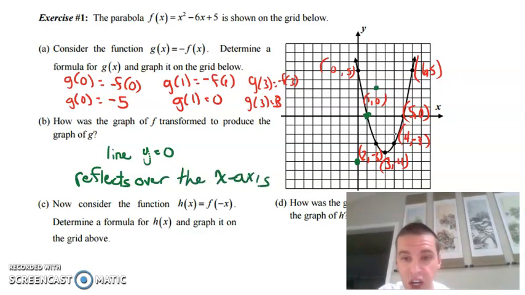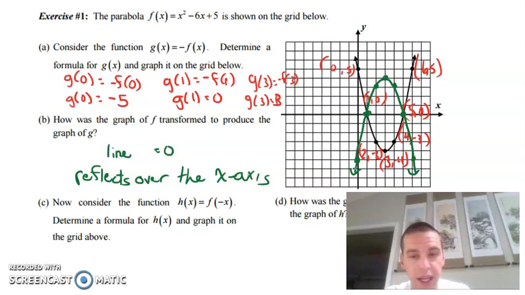And I'll finish drawing the rest of this. Negative 4 is created to be a positive 4. 0 can't be reflected. And so when you graph this, it's flipped upside down. Sorry, take that back. Reflected over the x-axis, not the line y equals x.